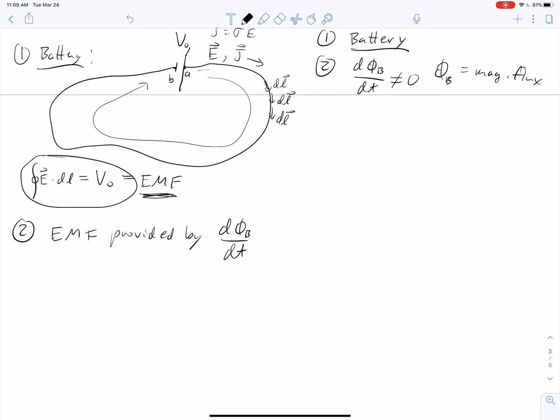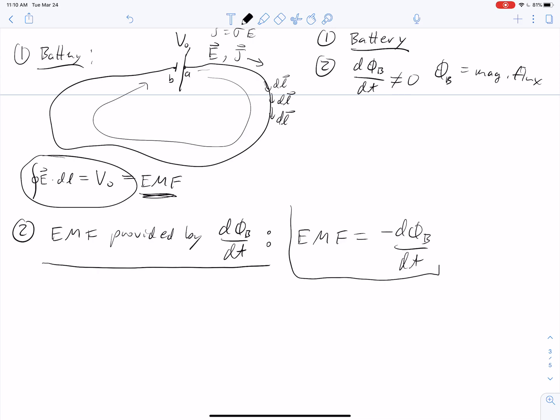That's the new thing that we want to talk about, and basically the big result that we want to derive is that EMF is equal to negative d phi b dt. This is otherwise known as Faraday's law.